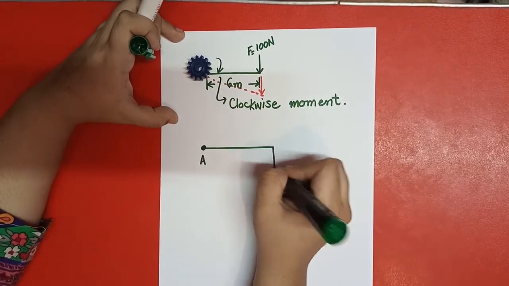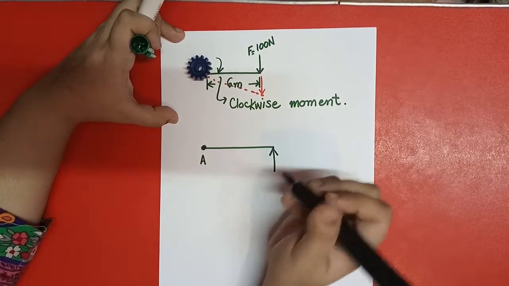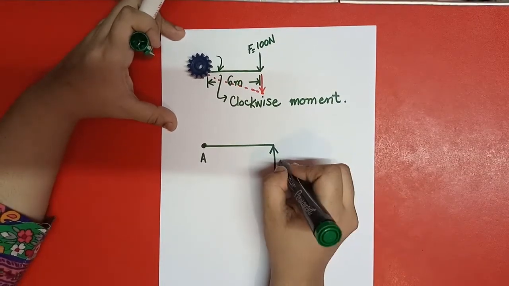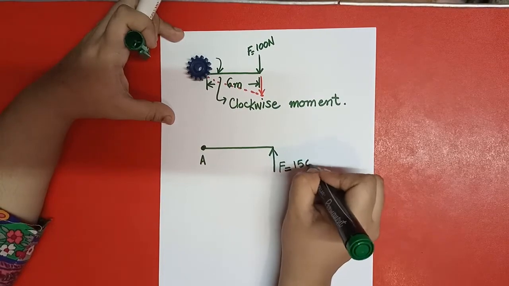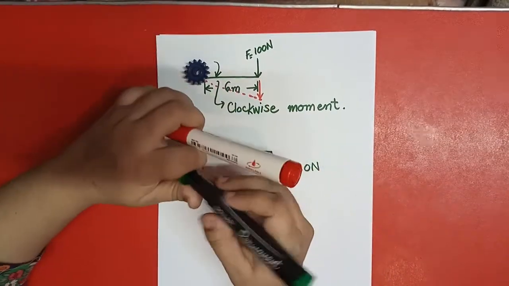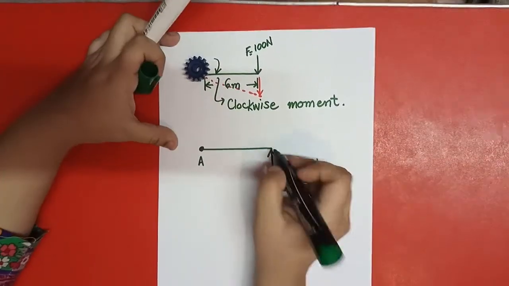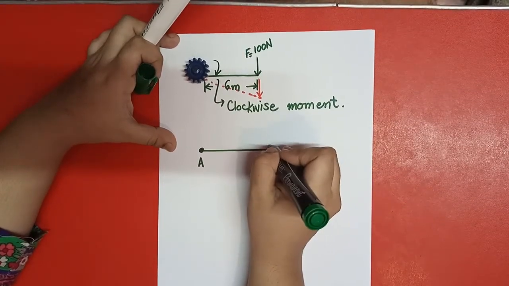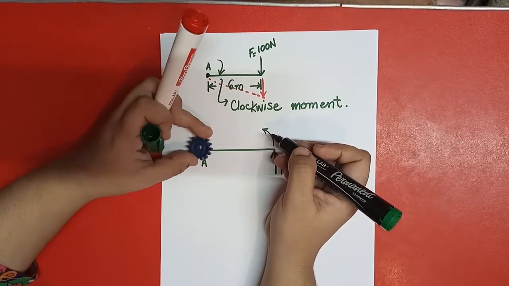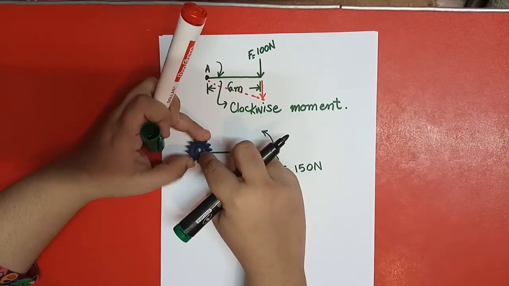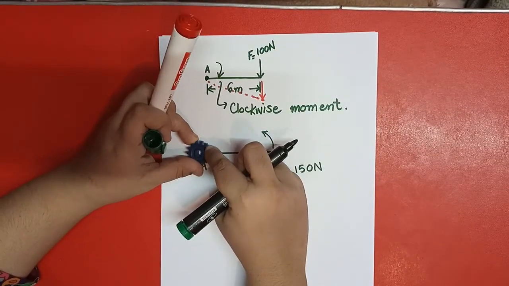Now, for example, this is the point A, and at this point there is a force which is pushing it upward, and for example this force is equal to 150 Newton. So this pushes it upward. If the direction is like this, the moment created will rotate the wheel like this.